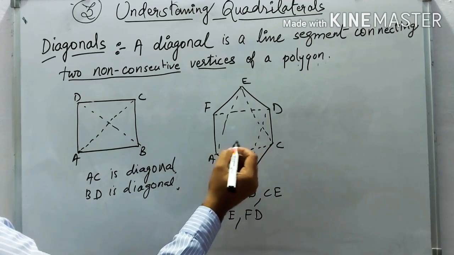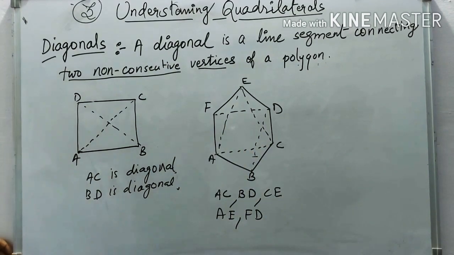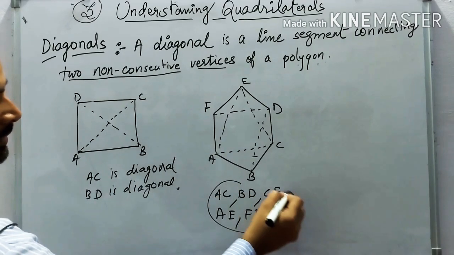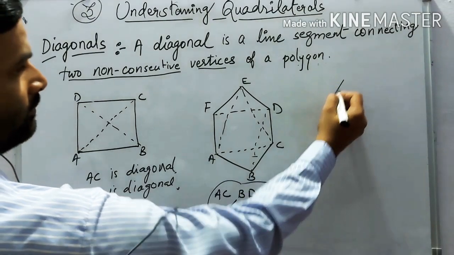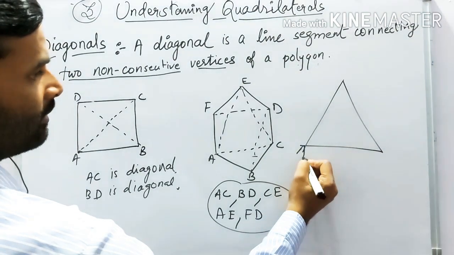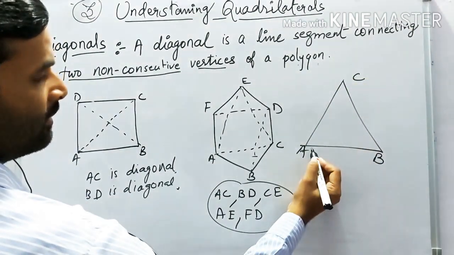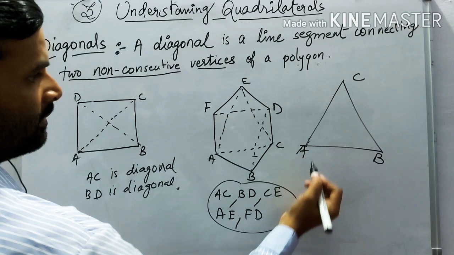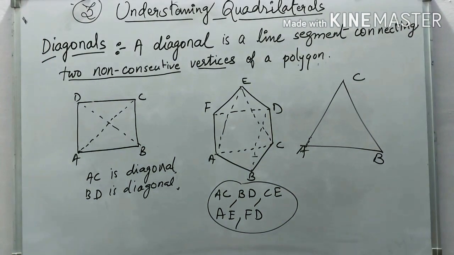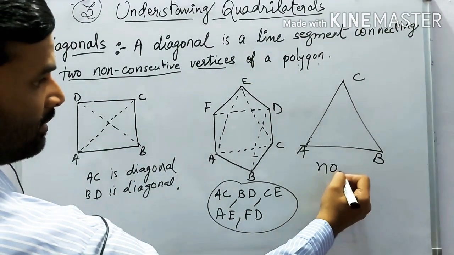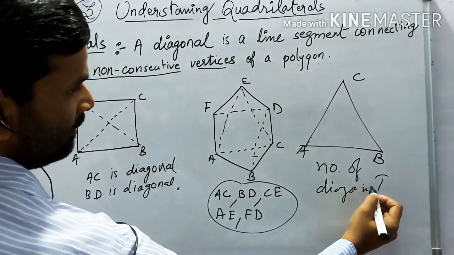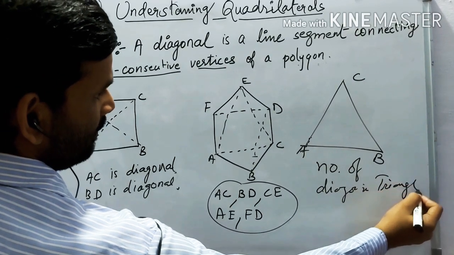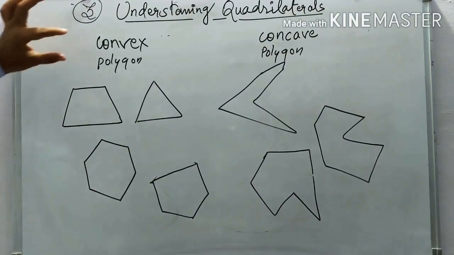These are the diagonals of the hexagon ABCDEF. In a triangle, with three sides A, B, C, there are no diagonals. The number of diagonals in a triangle is 0.